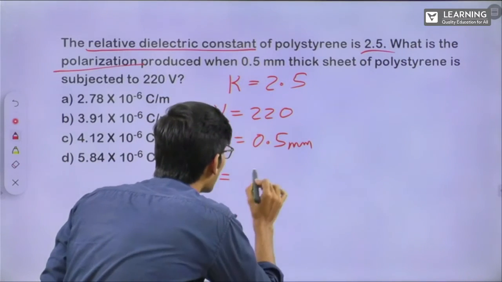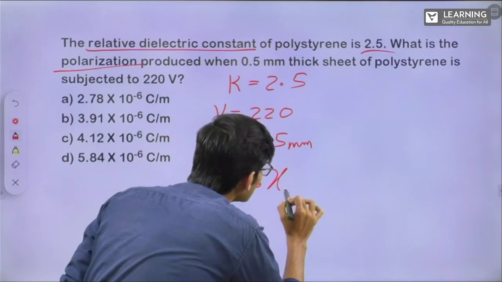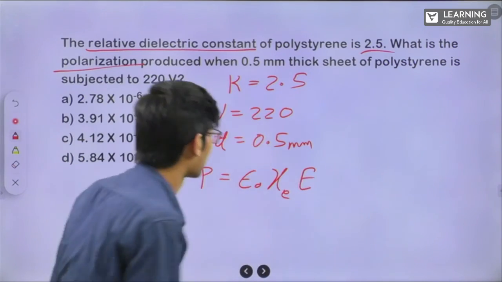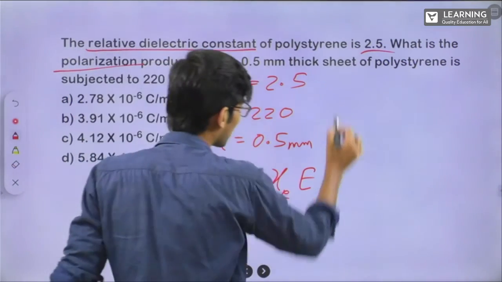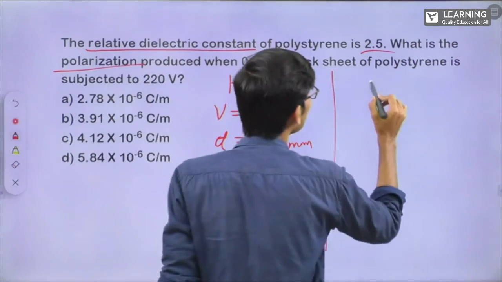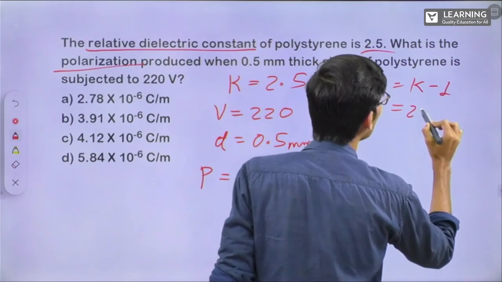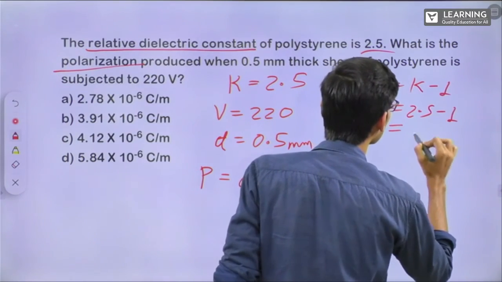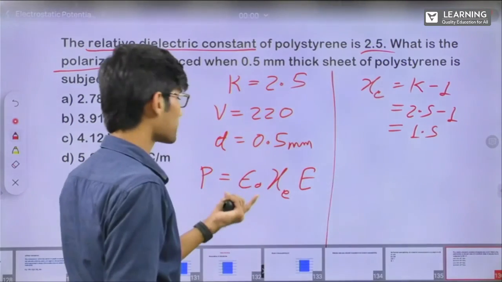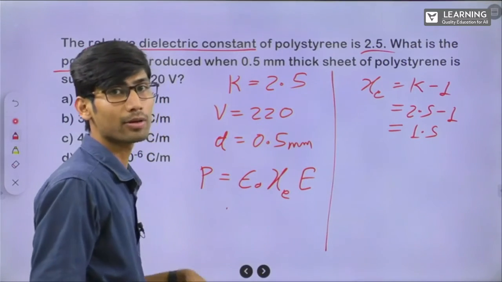Polarization is equal to epsilon naught into susceptibility into E. Clear? K we know, susceptibility is K minus 1, that is equal to 2.5 minus 1, that is 1.5. Epsilon naught is 8.85 into 10 power minus 12.